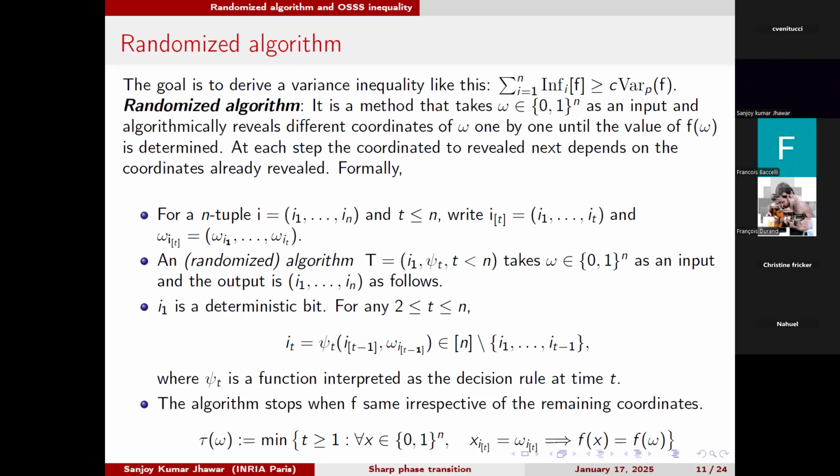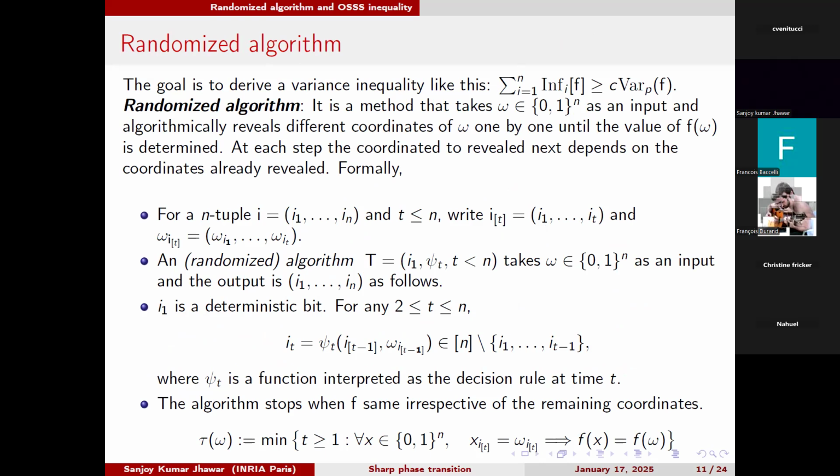Our next ingredient of having this kind of variance inequality is to establish some randomized algorithm. It's a bit elaborate here, but let me quickly go through this.